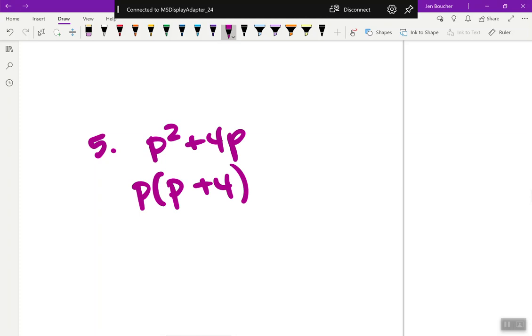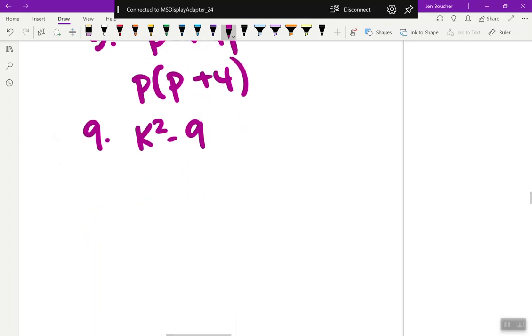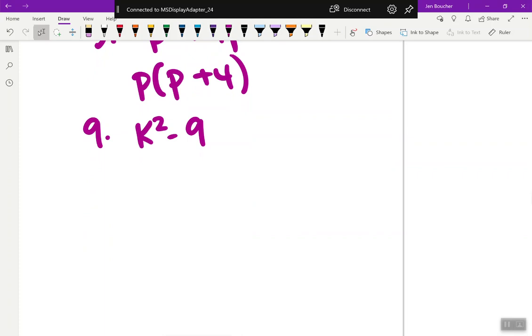Number 9. Let's look at number 9 now. K squared minus 9. Now, if there's no GCF, what do you do next? You set up the multiply add game.